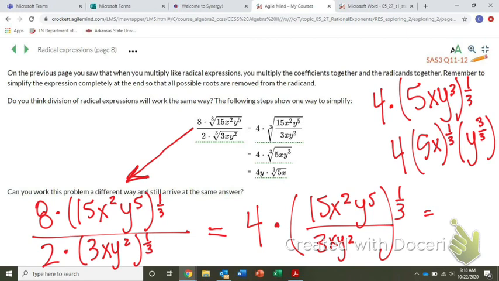So I'm left with 4y times 5x to the 1/3. Now, why did I do 4y? Because this really equals y to the 1, and 4 times y is 4y. Okay, so that's another way you can work.